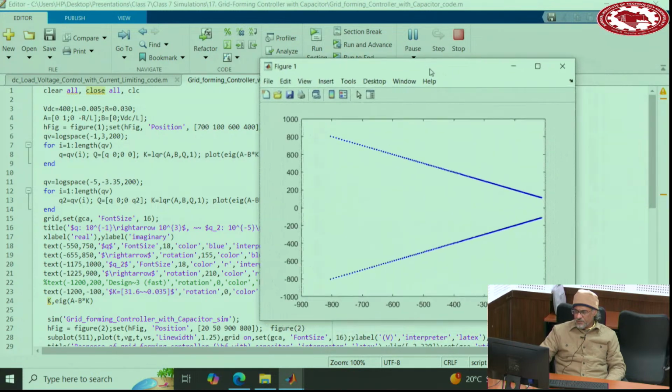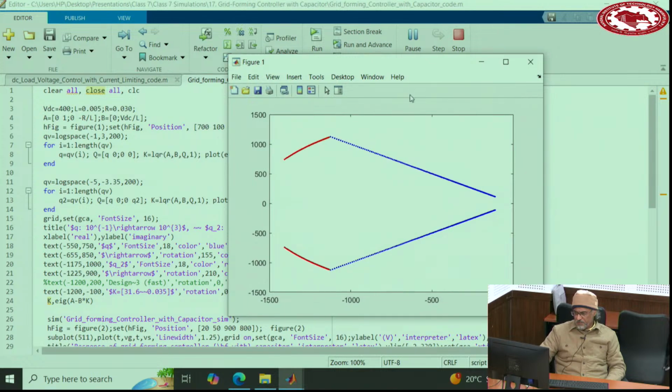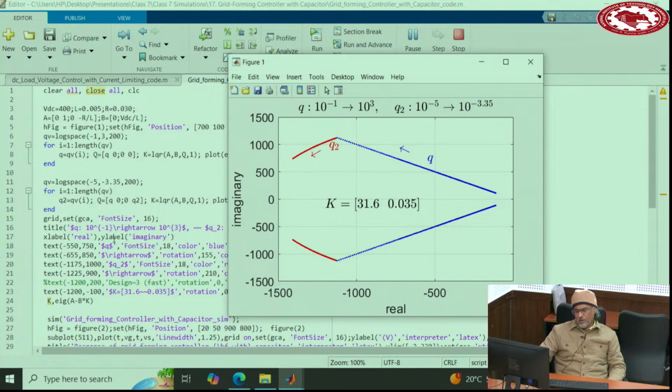So the design stage is always in these codes at the beginning, so you can see that. And then after the design is complete, it runs the simulation file and provides the results of the simulation file.